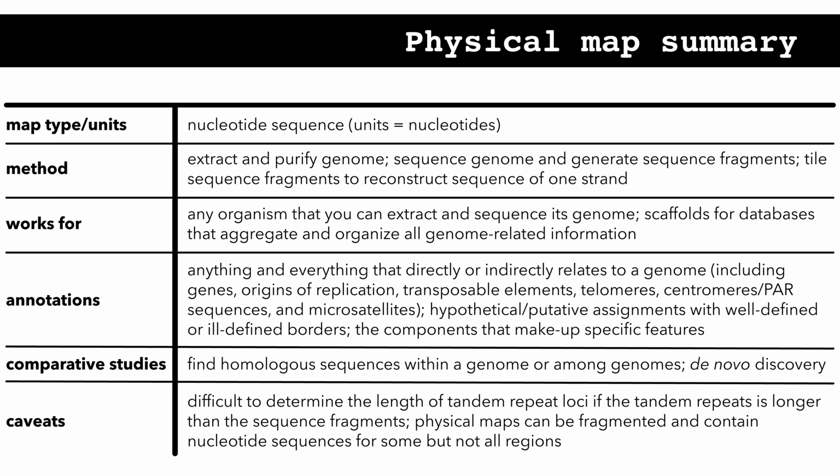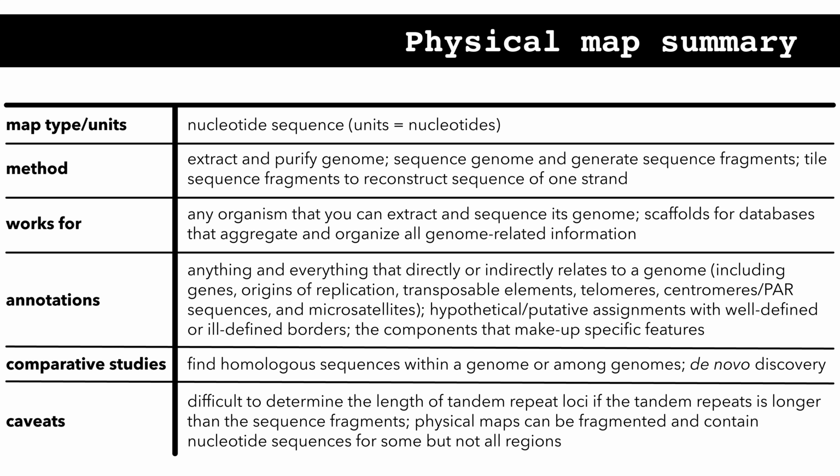But we can also annotate loci with well-defined or ill-defined boundaries, with hypothetical or putative assignments. Furthermore, we can annotate a particular feature with its components. For example, we can annotate a transposable element with the location of the terminal inverted repeats, transposase genes, and spacers. Hence, of the three map types, physical maps provide the most detail and best resolution.